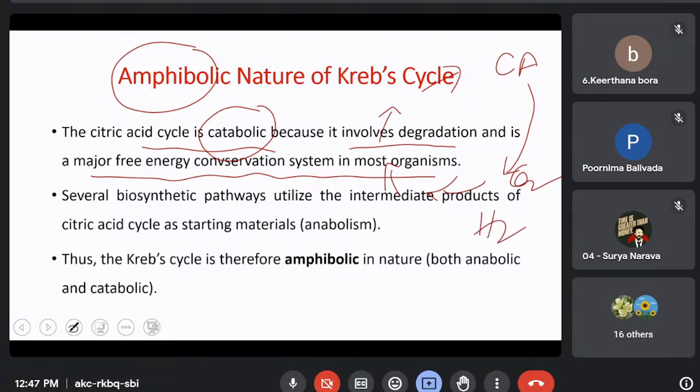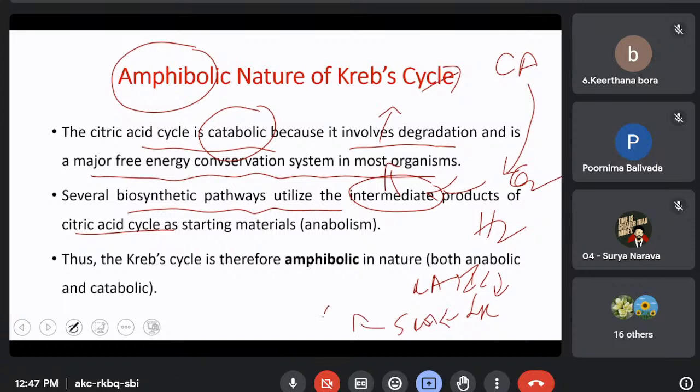At the same time, several biosynthetic pathways utilize the intermediate products of citric acid cycle. So we have seen citric acid is formed, it is converted into isocitric acid, then alpha ketoglutaric acid, then succinyl coenzyme A, then succinic acid, then fumaric acid, then malic acid, finally oxaloacetic acid.